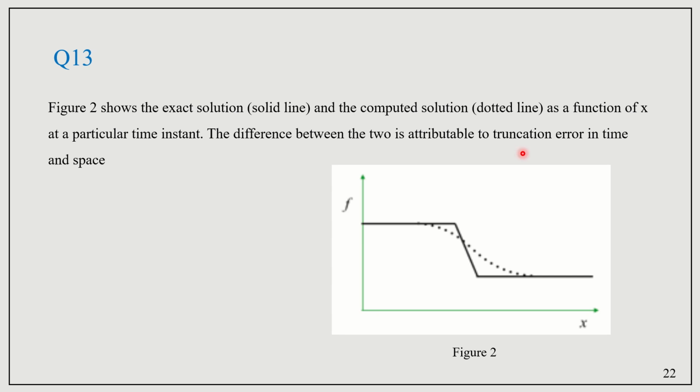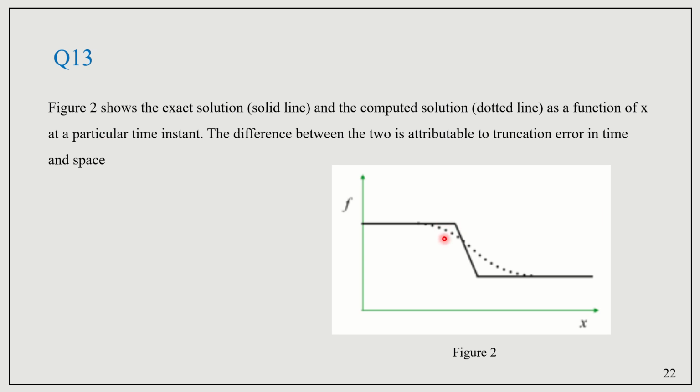The difference between the two is attributable to the truncation error in time and space. True. In this figure the exact solution is this, and the computed solution, the dotted line, is this, and it is a function of x at some particular time instant.